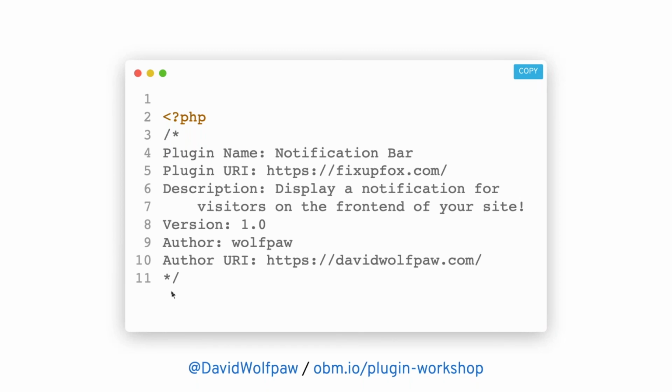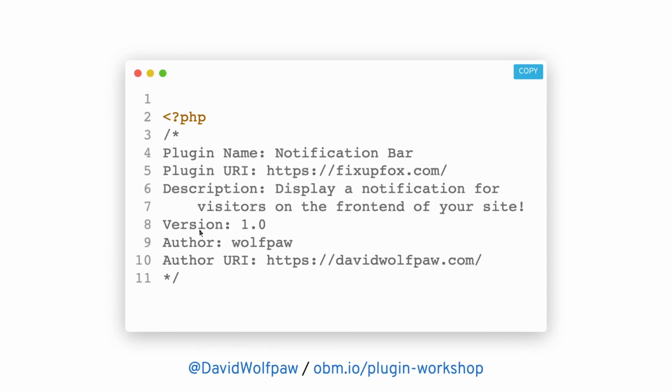But these ones, in particular for WordPress plugins, are used to create the information about that plugin, all the metadata for it. So we have the name that we're giving our plugin, the URL for where the plugin's from, normally a business website, or a link specifically to that plugin, where people can purchase it or download it, find new information about it. This description is what's going to display to people who are installing or activating or deactivating the plugin.